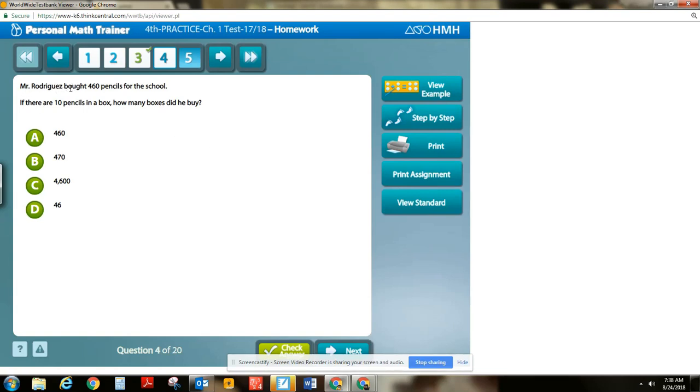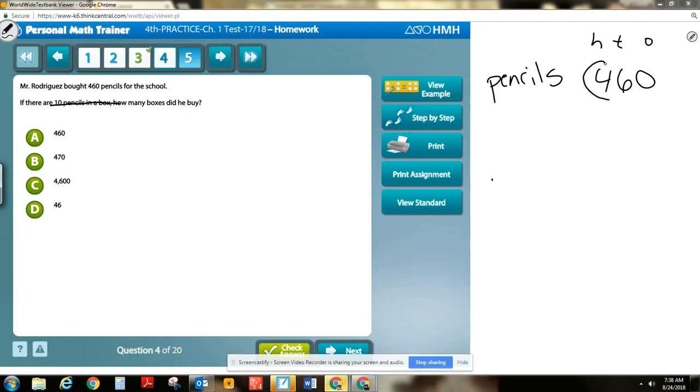Mr. Rodriguez bought 460 pencils for the school. How many pencils? 460. So on your pink piece of paper, you write down 460 pencils. If there are 10 pencils in a box, how many boxes did he buy? Well, he said 10. We've been talking about place value, so ones, tens, hundreds.